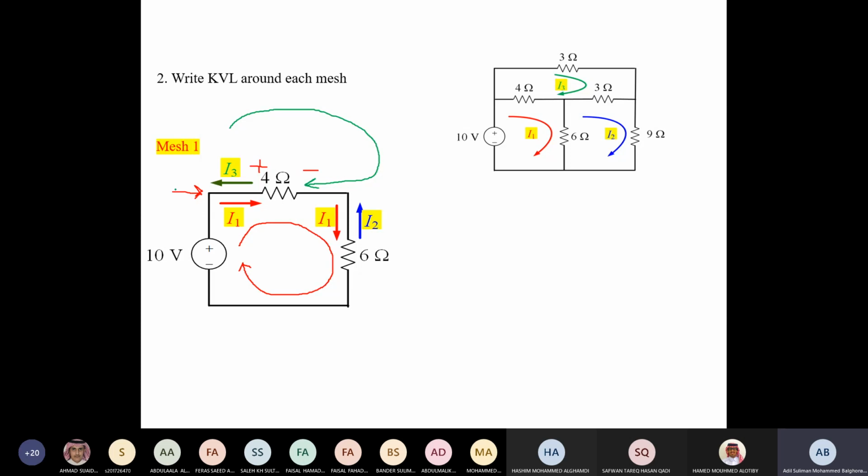So, the current that is going in this direction is going to be equal to I1 minus I3. I1 minus I3.